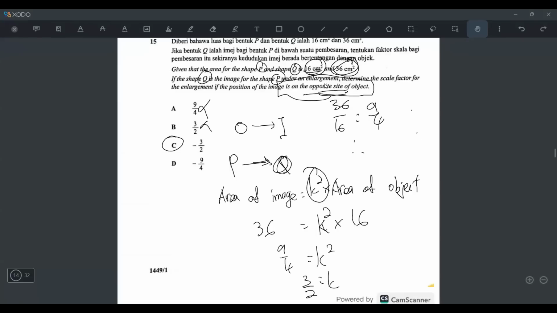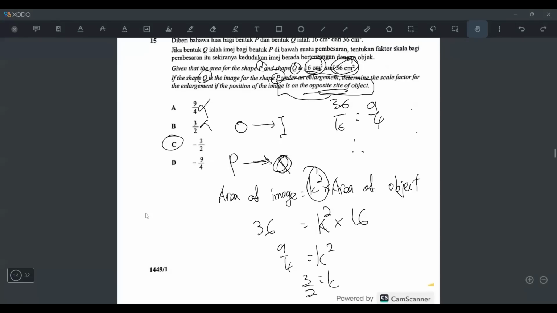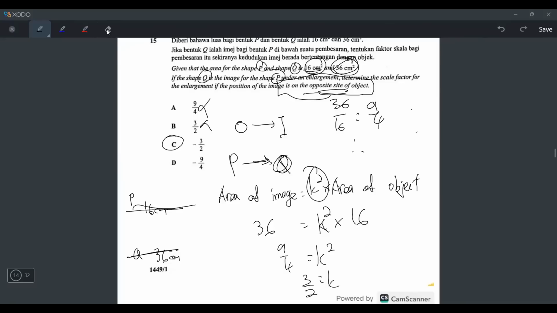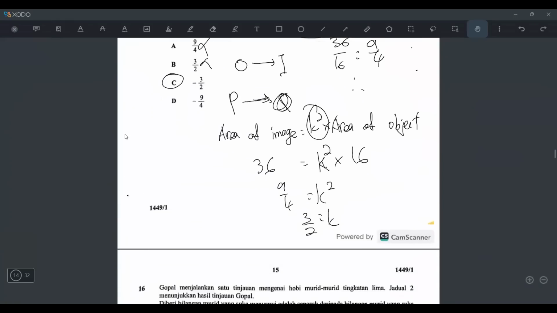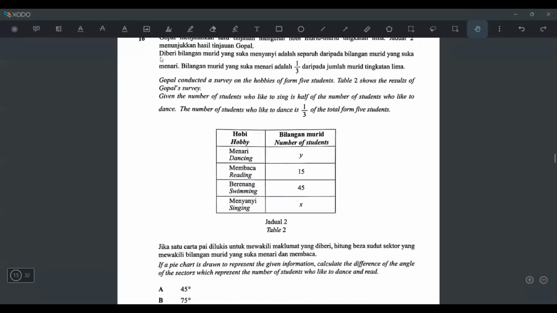If we have a line P, the length is 16 cm, and another line Q, the length is 36 cm, then the scale factor is 36 divided by 16. But if it's area, then we cannot just take 36 divided by 16. We have to take 36 divided by 16 and square root it, because if it's area, the K has to be squared. All right, hope you understand.